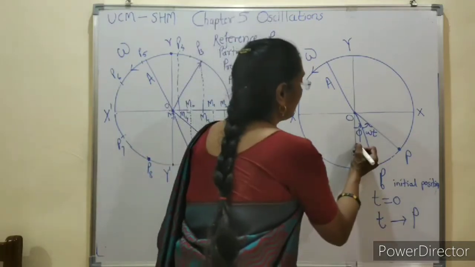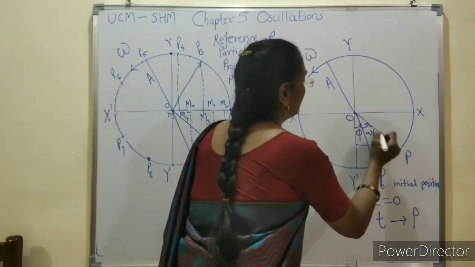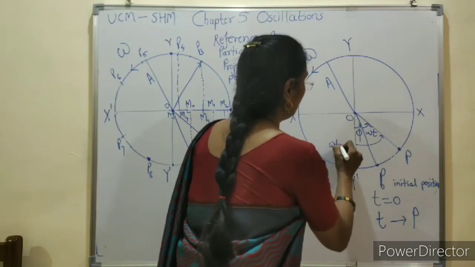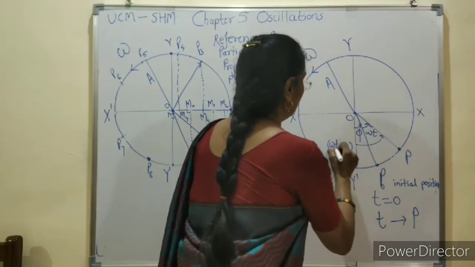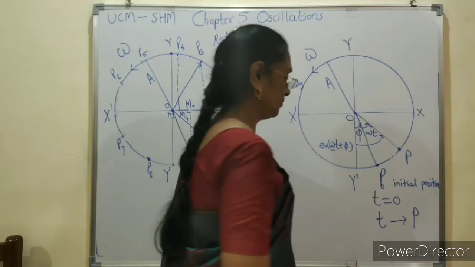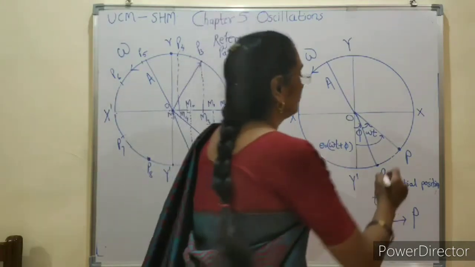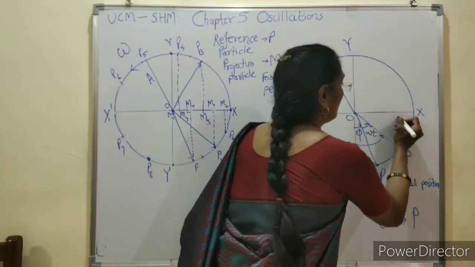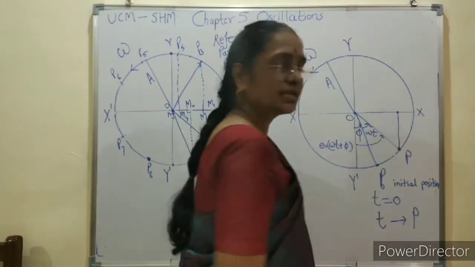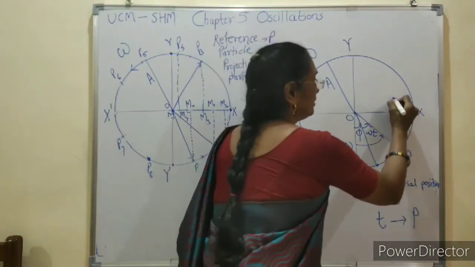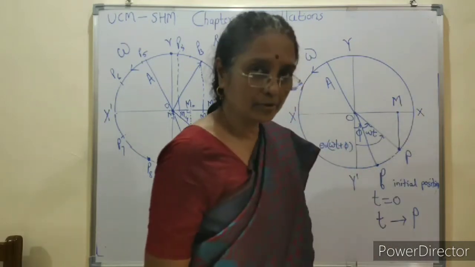So the total angle here is omega t plus phi. It can be theta. Now we have to draw a perpendicular on X dash. It intersects at point M.